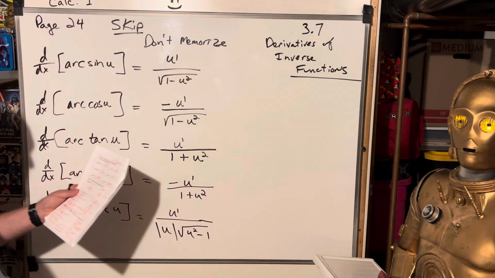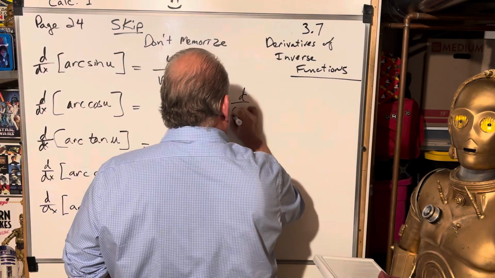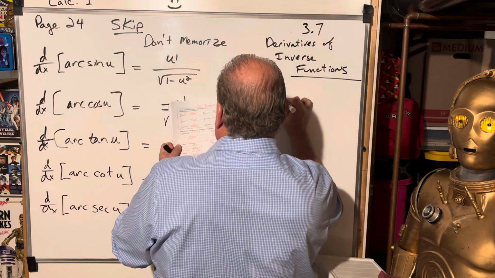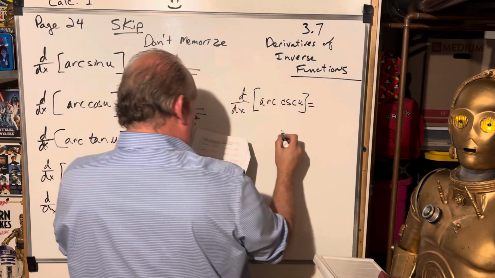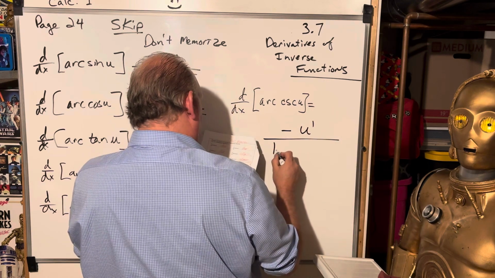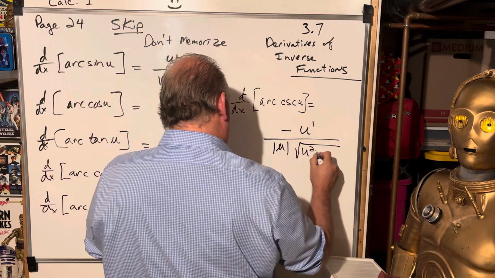And the last one, d dx of the arc cosecant of u is equal to the opposite of u prime over the absolute value of u times the square root of u squared minus 1.